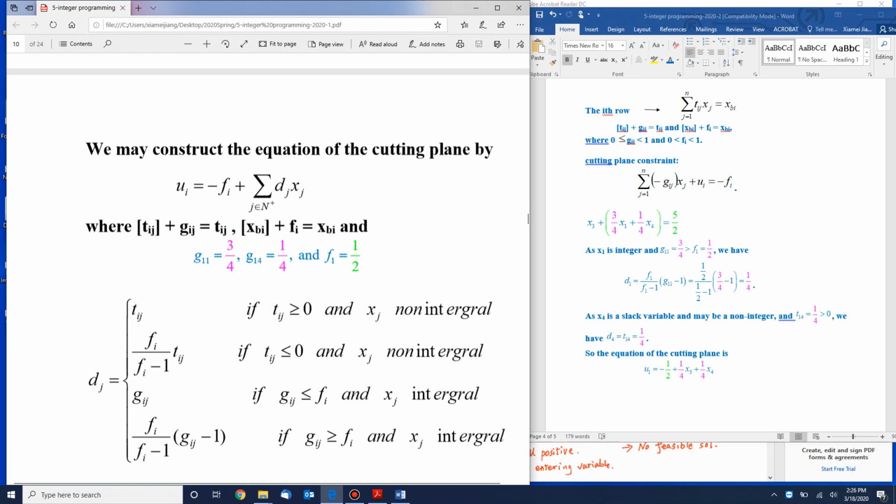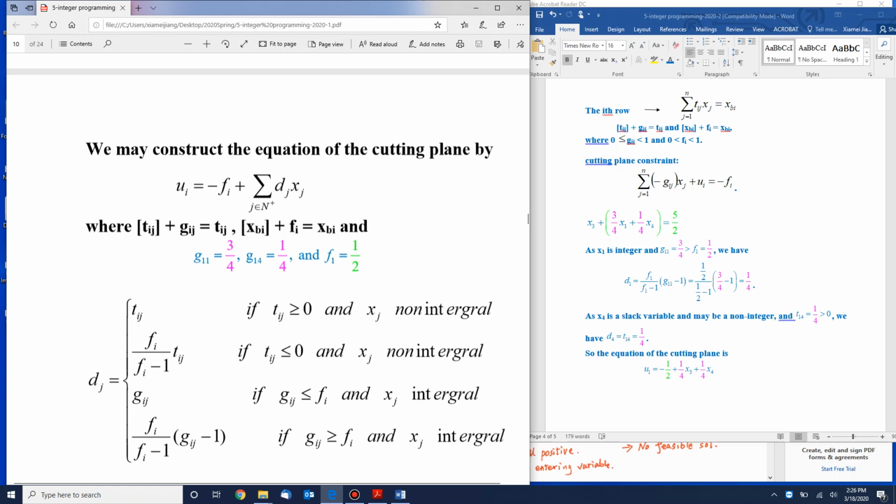So G11 and G14 are the same as T11 and T14, and F1 is the fractional part of 5/2, which is 1/2. Now we know G11, G14, F1, but this cutting plane formula alone doesn't show us the dj.